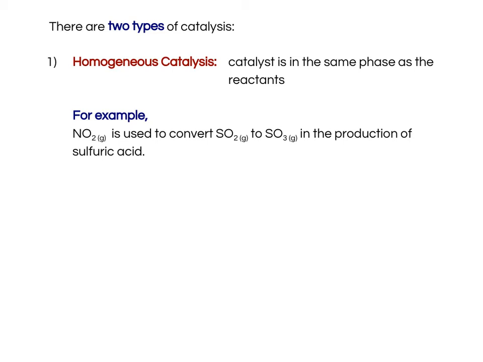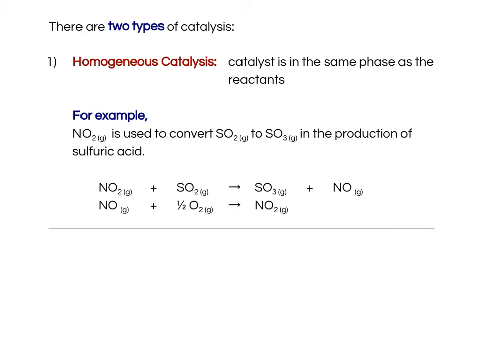So for nitrogen dioxide, if we want to convert SO2 to SO3, we use NO2 as a catalyst. And given that, it happens in a couple of steps, okay? As you may remember, many chemical reactions happen in multiple steps to give an overall reaction, and the individual steps are sometimes referred to as elementary steps.